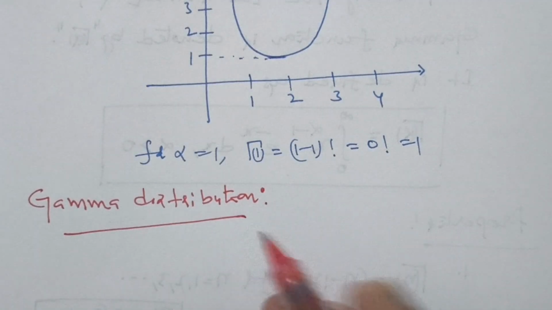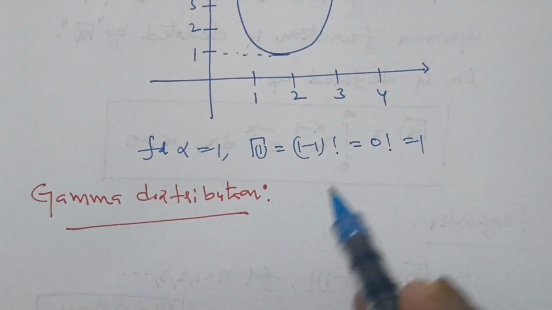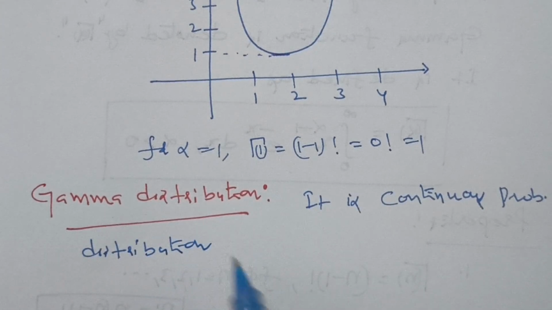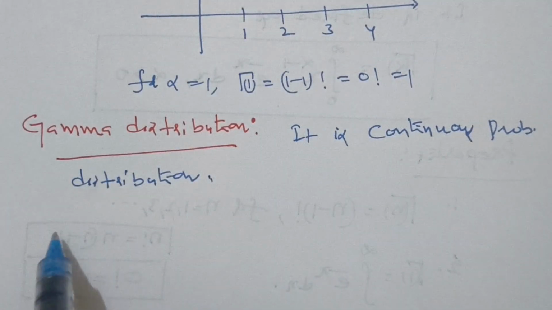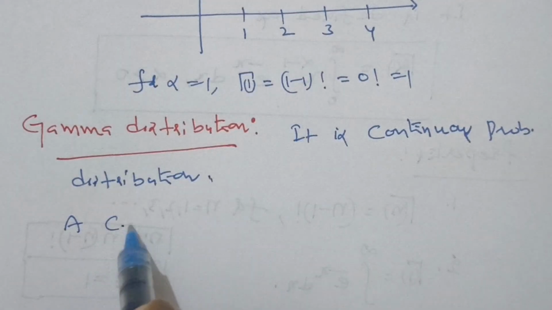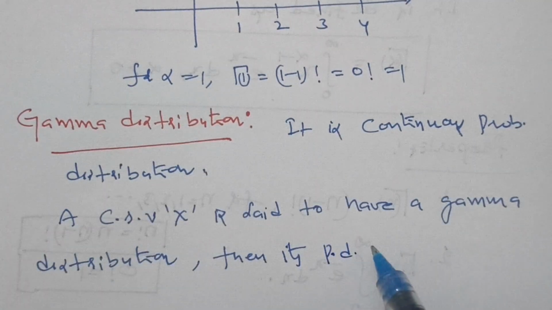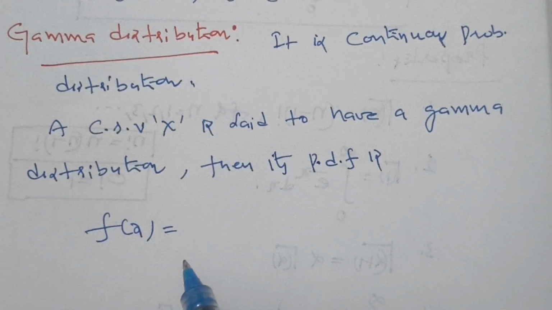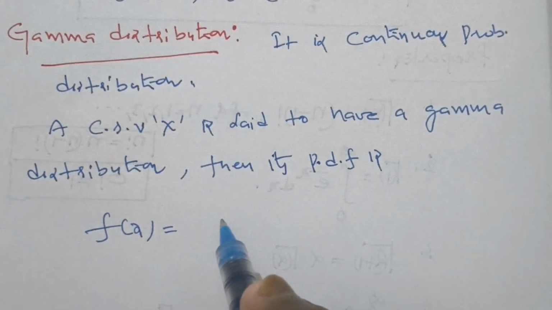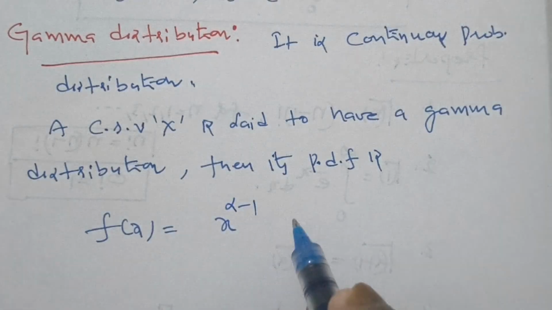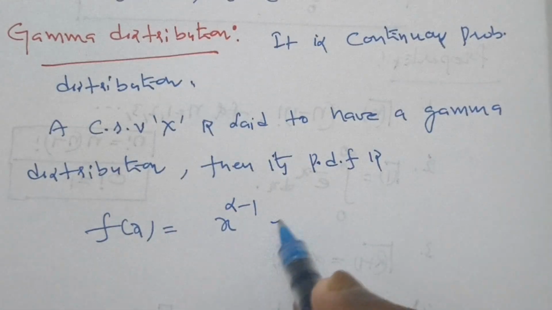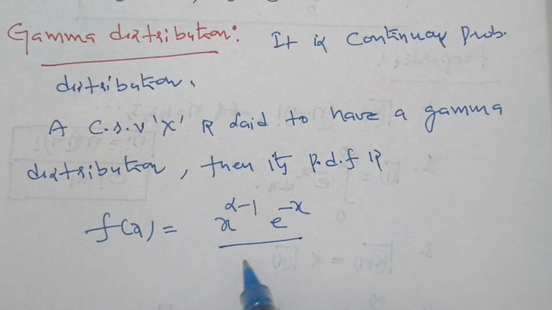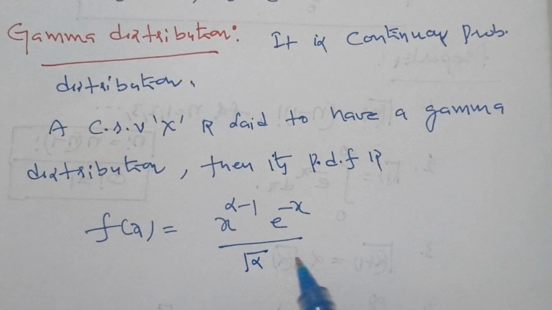So now start with the gamma distribution. The gamma distribution is a continuous probability distribution. The definition of the gamma distribution for PDF, that is probability density function: a continuous random variable x is said to have a gamma distribution if its PDF f of x equals x power alpha minus 1 into e power minus x by gamma alpha.